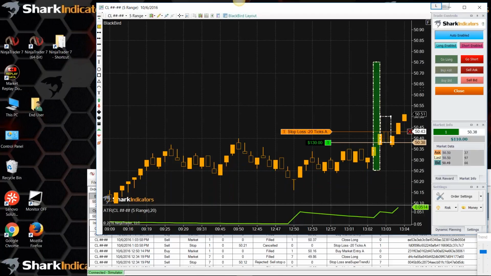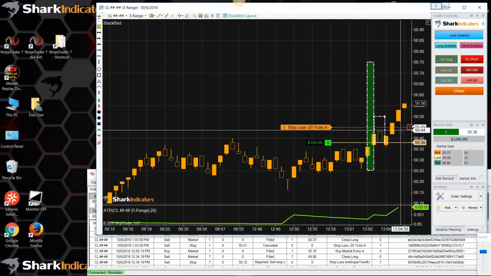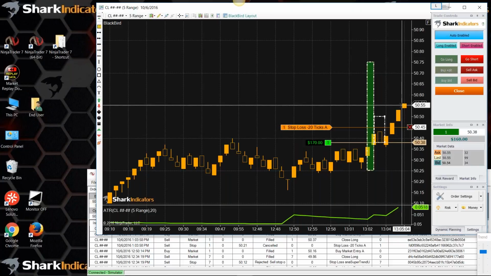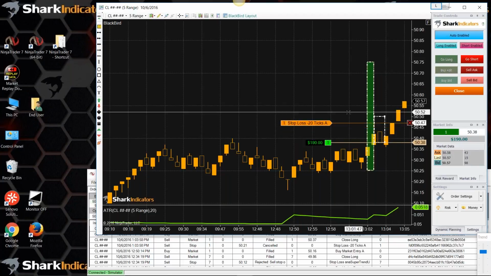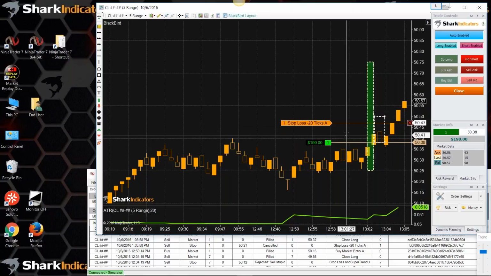And bingo, there we go. So our stop loss just moved up to break even +5. And then once price gets more than 2 ATRs away, plus, remember, it's moving every 2 ticks. So every 2 ticks in profit, our stop loss will begin to ratchet up.